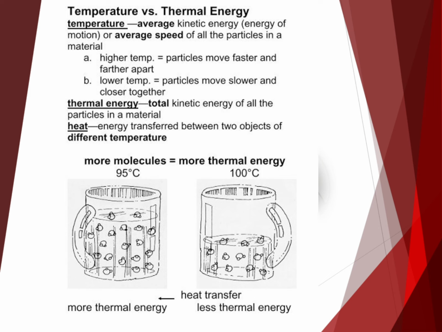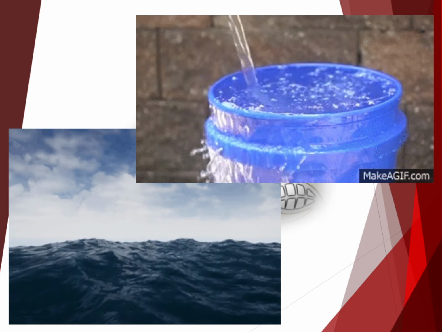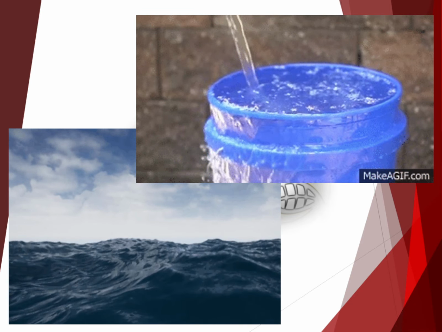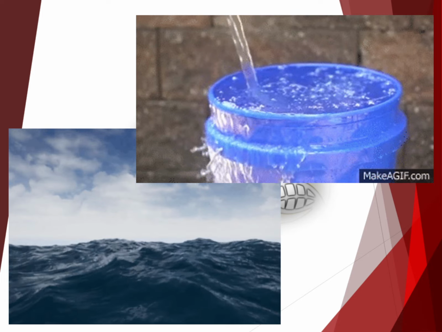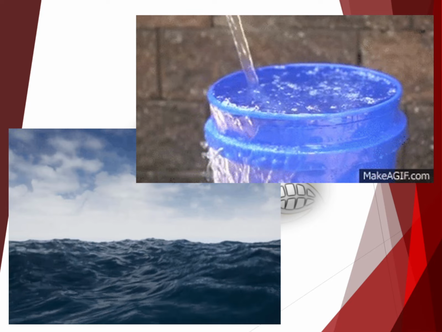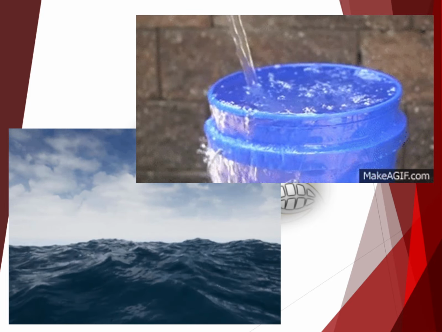Different objects with the same temperature can have very different thermal energies. For example, seawater in the ocean and seawater in a bucket can have the same temperature, meaning the same average kinetic energy. However, the ocean will have more thermal energy because it has more molecules.